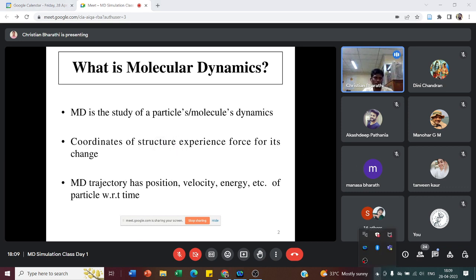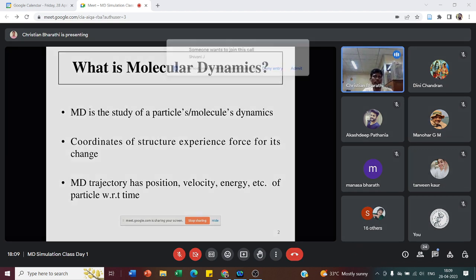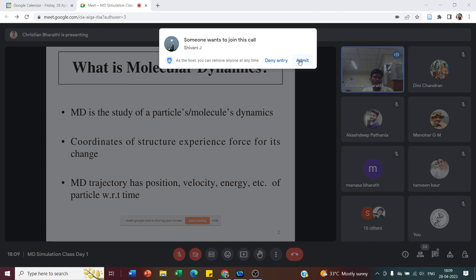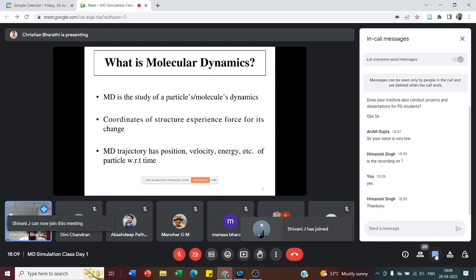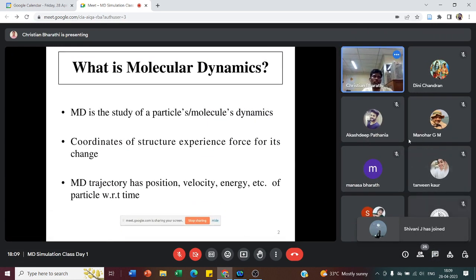To change from one coordinate to another coordinate, it needs force. So through force, it changes its conformation. Otherwise, the coordinate is there. If you are applying some force on the structure, it changes its coordinates. Okay, so it goes like this.